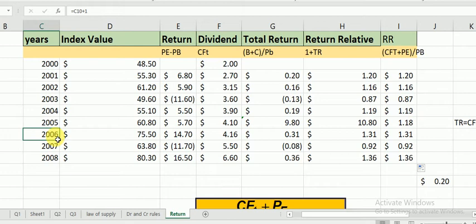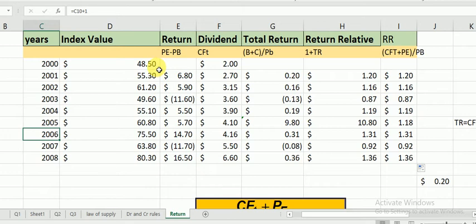Now I want to calculate the total returns over these 1, 2, 3, 4, 5, 6, 7 years. What is the total wealth of that $48.50 now?